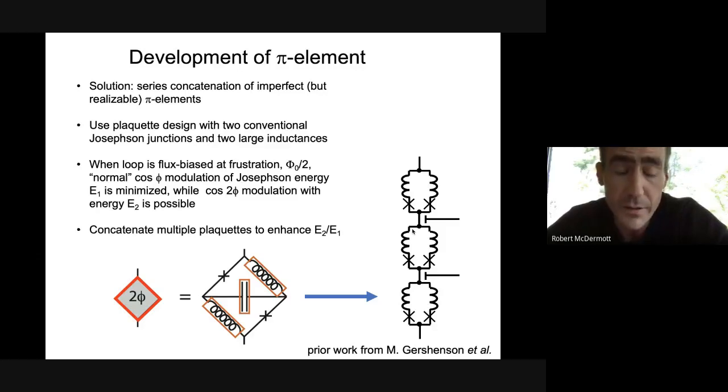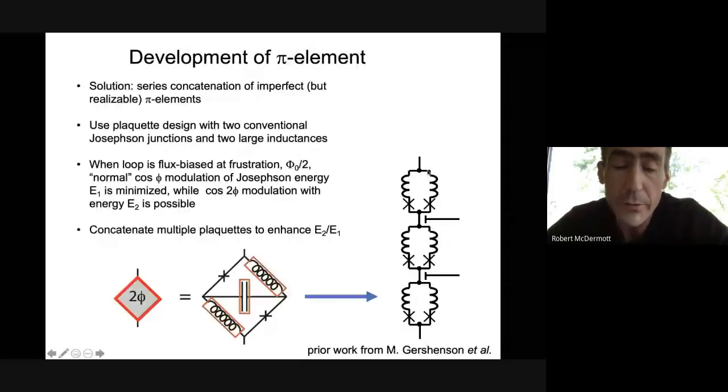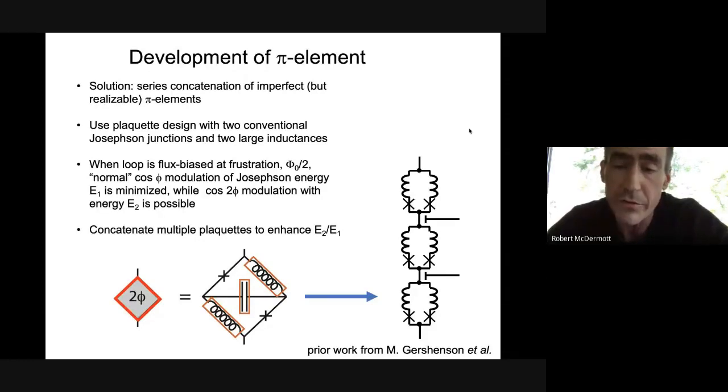At least we can realize these in a clean room. If we can do that, then one path to protection is just to brute force concatenate a number of these imperfect elements. And so this is the approach that we're taking here, where the plaquette is this simple SQUID loop involving two conventional Josephson junctions and inductors that are not in the microhenry range, but only in the nanohenry range. So this is realizable. We bias each of these plaquettes at frustration. They become pretty good but imperfect pi elements.